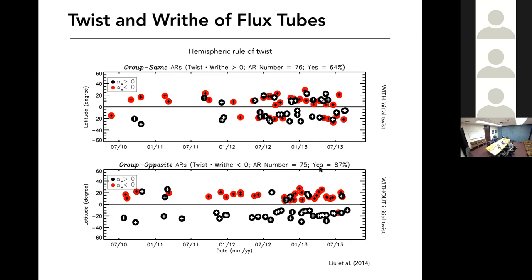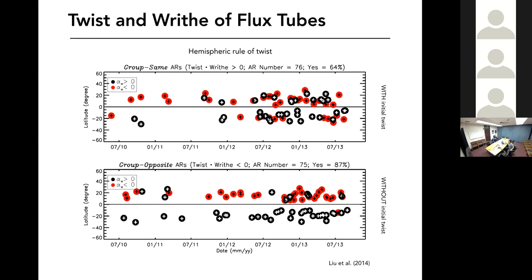Now, if we look at the cases where twist and writhe have different signs, which means the flux tube initially does not have much twist, then it actually has a quite interesting, much stronger hemisphere dependence. This is the sigma effect we just talked about.